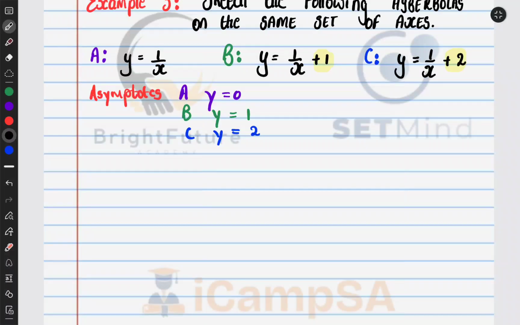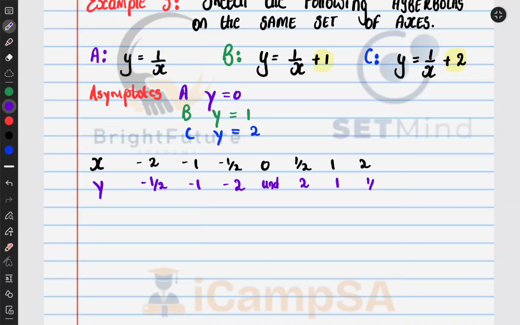Let's start with our table. The x values are -2, -1, -half, 0, 1 over 2, 1 and 2. Let's find the corresponding values for the function a. The y values are -1 over 2, -1, -2, at 0 it's undefined, and then we have 2, 1 and 1 over 2.